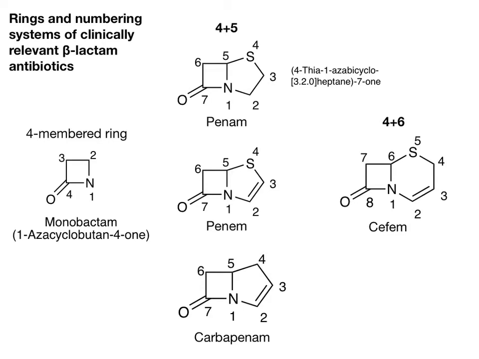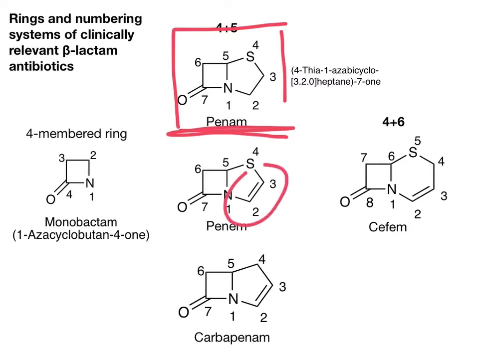There are a few types of bicyclic fused rings. You can see here, this is the penam, which is essentially penicillin. This is the penam when you have the alkene in the thiazolidine ring.